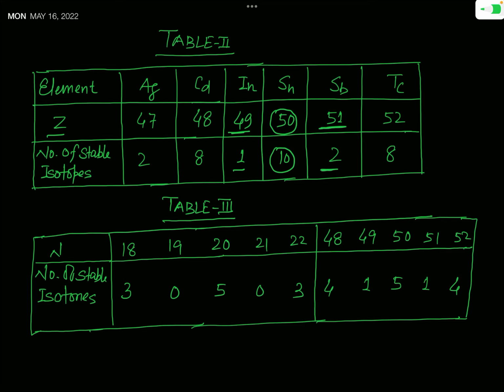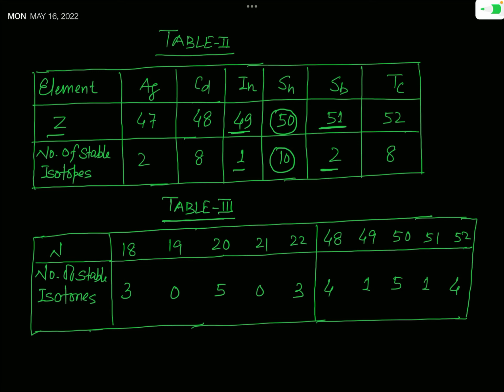So this is the specific property, or the specific evidence, for the magic nucleus.